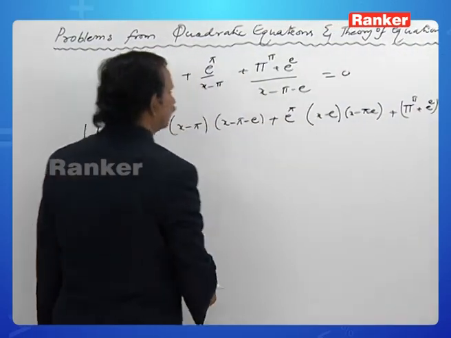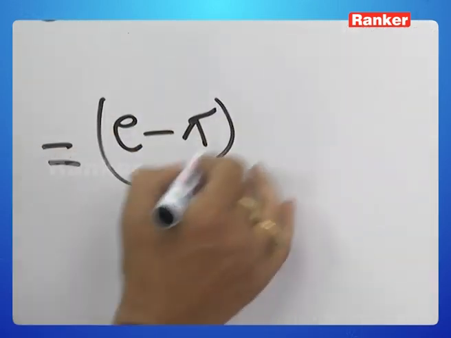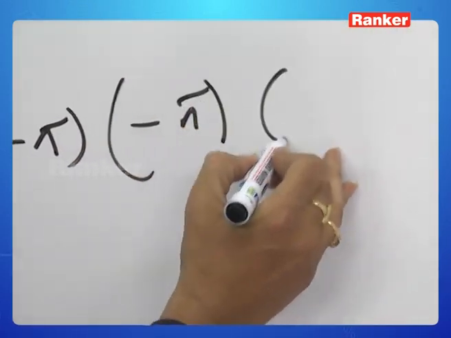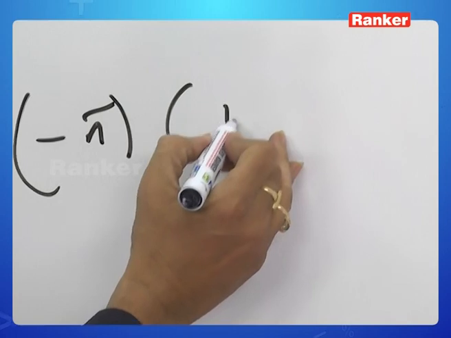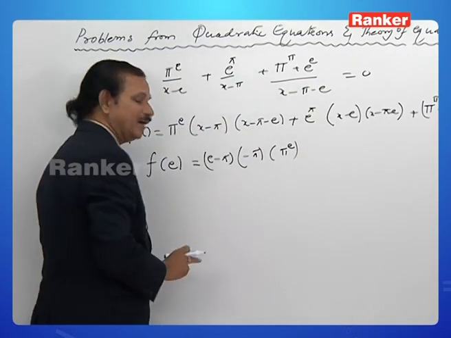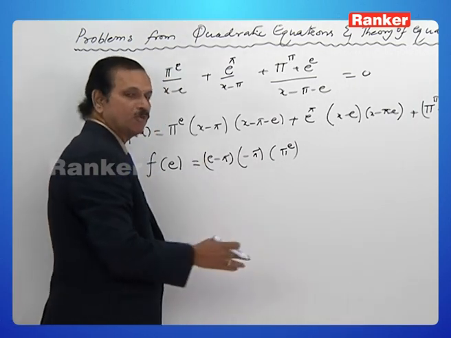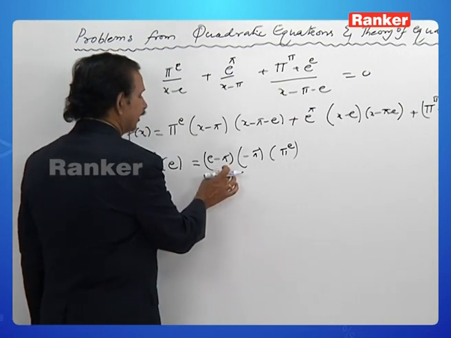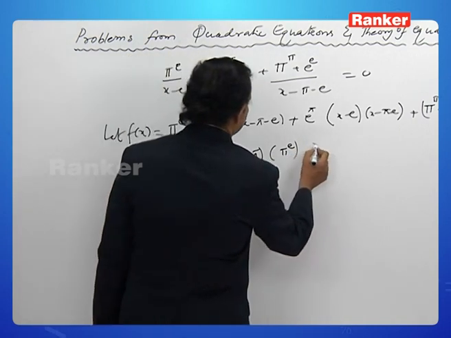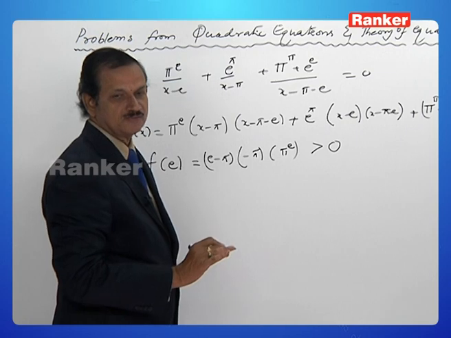These two things will go away, leaving you (e minus pi) into (e minus e) minus pi into pi power e. Here pi is 3.14 and something, whereas e is 2 point something. This is negative into minus pi, so it is positive. F of e is positive.